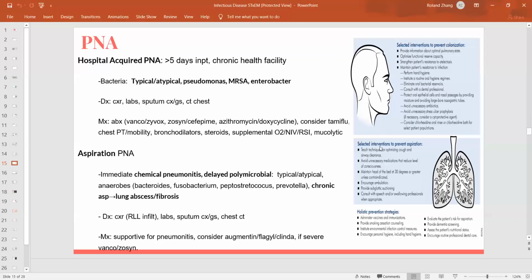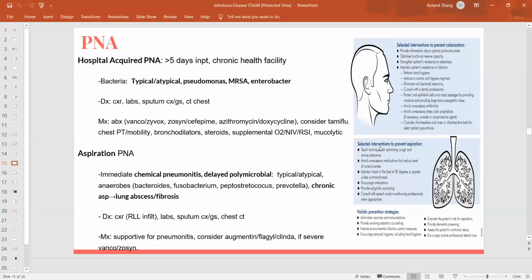If they're doing fine and their x-ray doesn't really show much, the recommendation is that you hold antibiotics and do aggressive lung physical therapy, because initially it's the pneumonitis, the inflammation. If you can help them through that, they will not develop a bacterial infection.